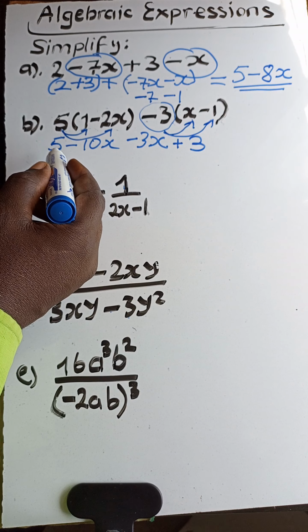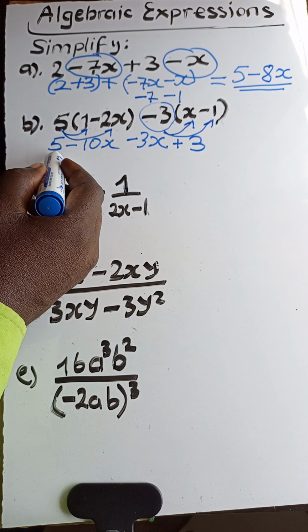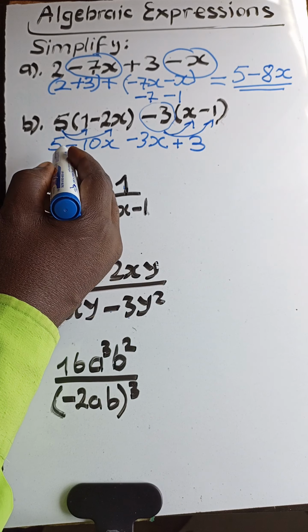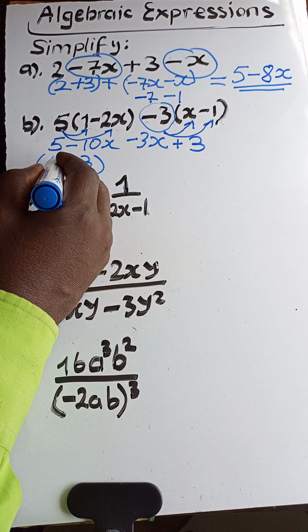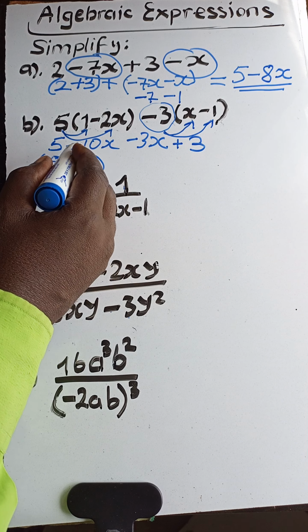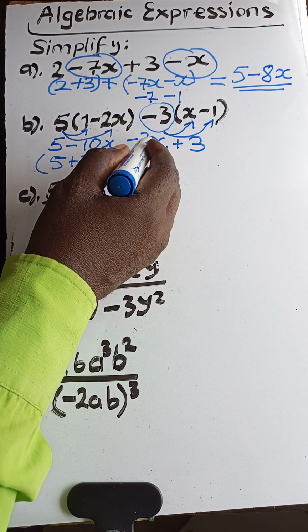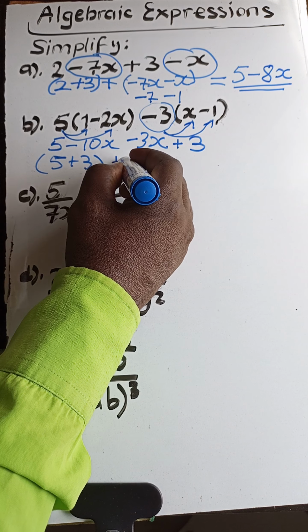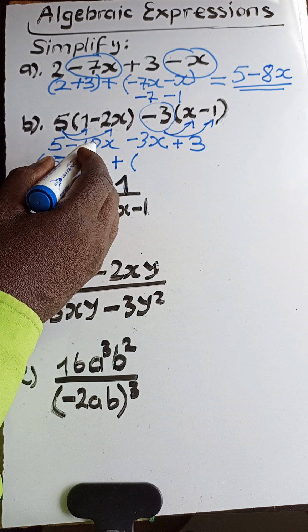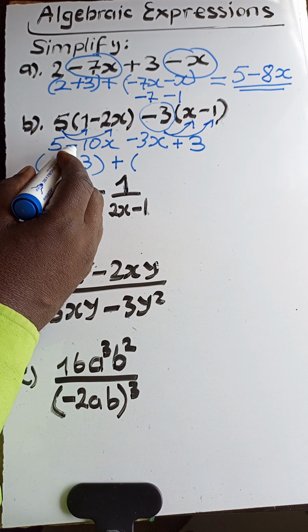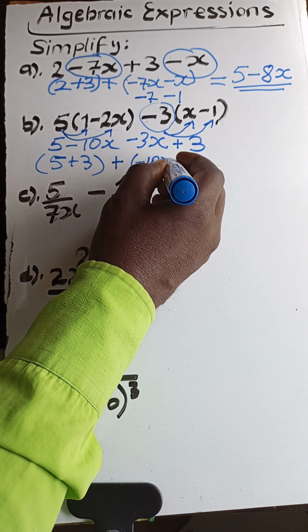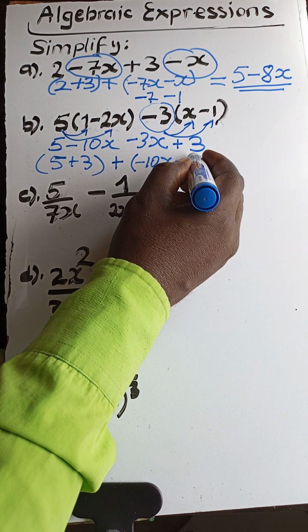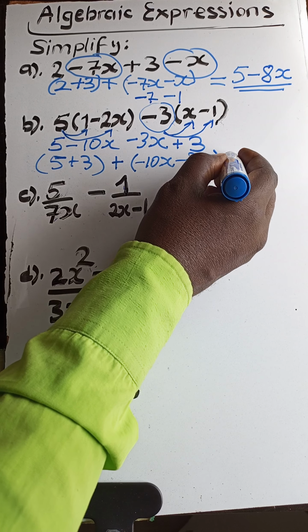We bring like terms together. Here is a constant, here is another constant. So we say 5 plus 3. And then here we have an x term, and here we have another x term. So we say plus. We take each term, associating it with its respective sign. So we have negative 10x and negative 3x.